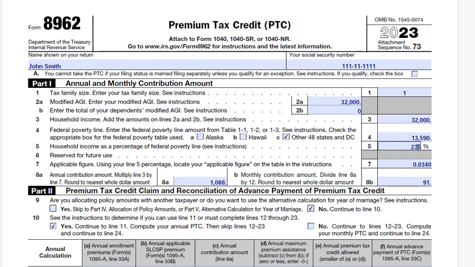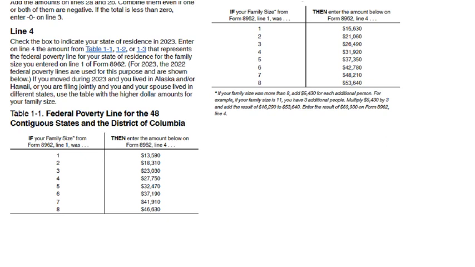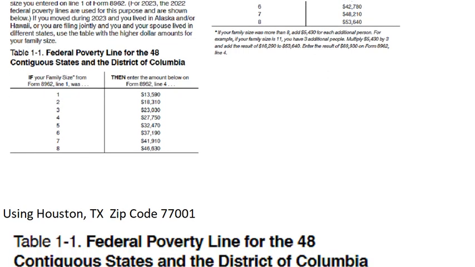And then line 5. To get this number, we also need to go back to the Form 8962 instructions. So this is the Form 8962 instructions, and now go to line 5.